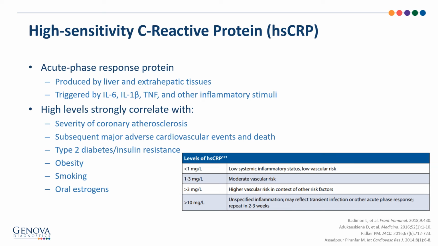However, we're measuring hs or high sensitivity CRP, which is more specific for cardiovascular related conditions like atherosclerosis. And this protein, as with many, is produced mainly in the liver, and elevations strongly correlate with atherosclerosis, subsequent adverse cardiovascular events, and death. Other contributors include insulin resistance and diabetes, obesity, smoking, and medications like oral estrogens. We tend to like patients' hsCRP at values less than 1.